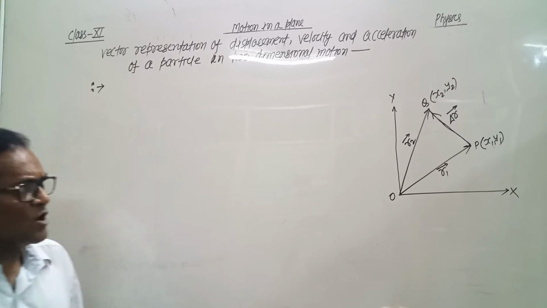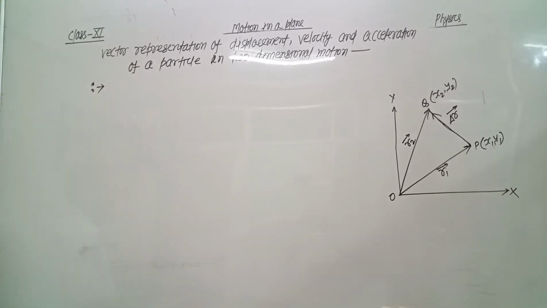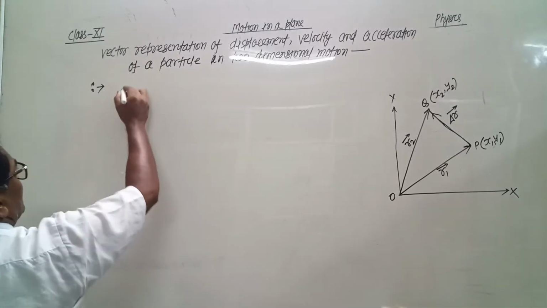The coordinates of point P are x1, y1 and of point Q are x2, y2. At time t1 the particle is at P, at time t2 the particle is at Q, and the position vectors are r1 and r2.